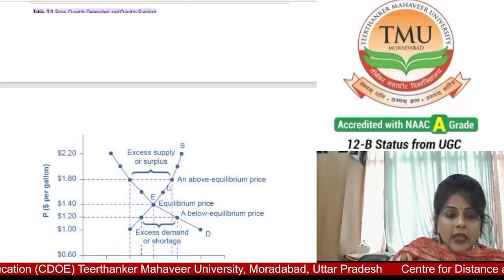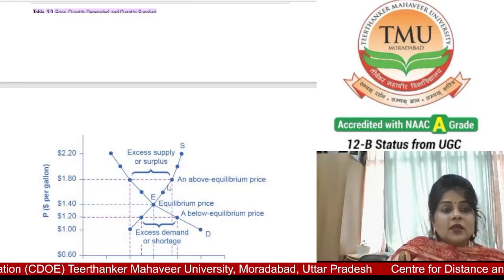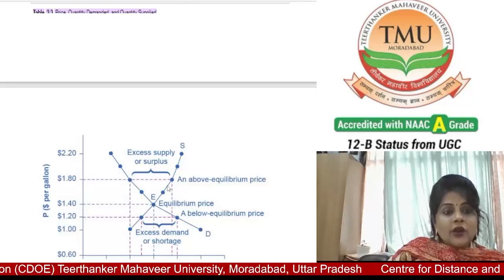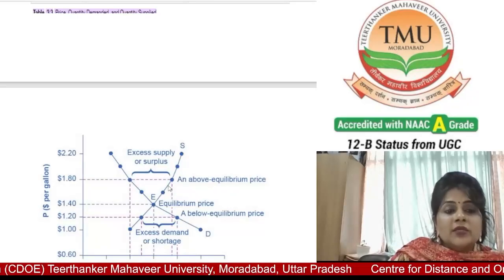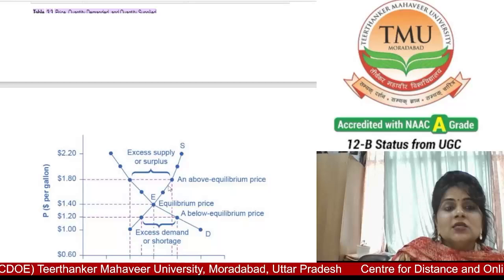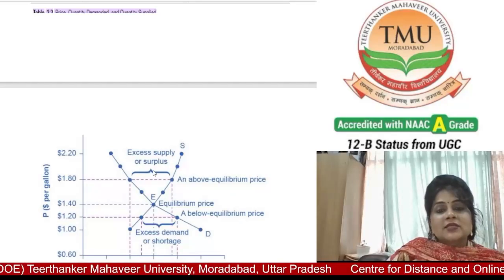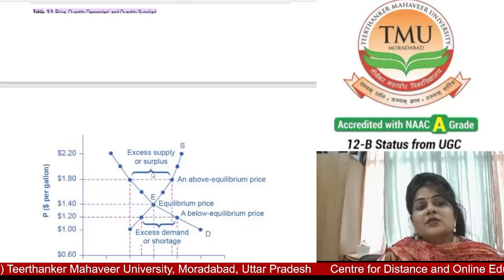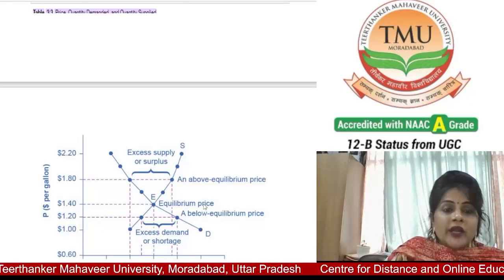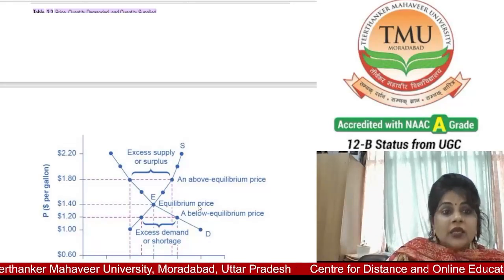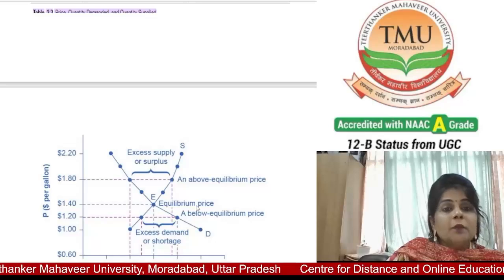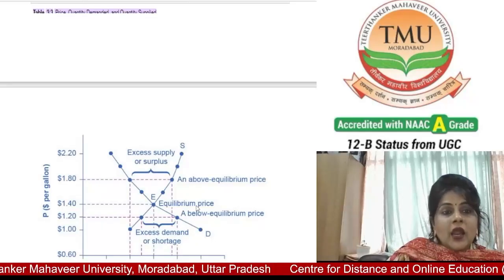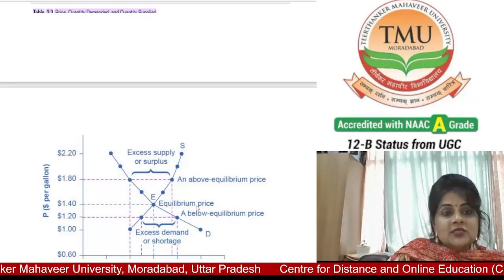In fact, at any above-equilibrium price the quantity supplied exceeds the quantity demanded. We can say this is an excess supply or a surplus. With a surplus, gasoline accumulates at gas stations, in tankers, trucks, in pipelines, at oil refineries.